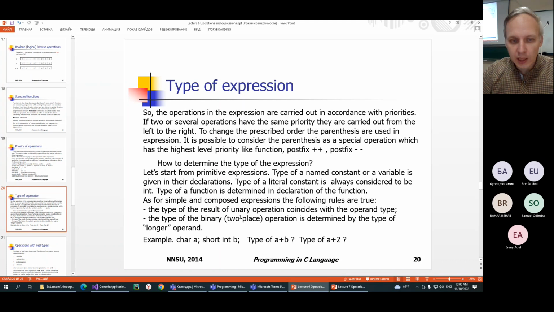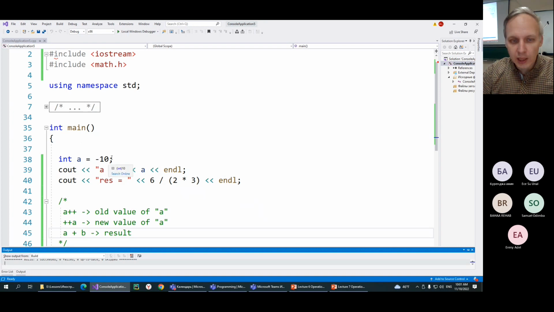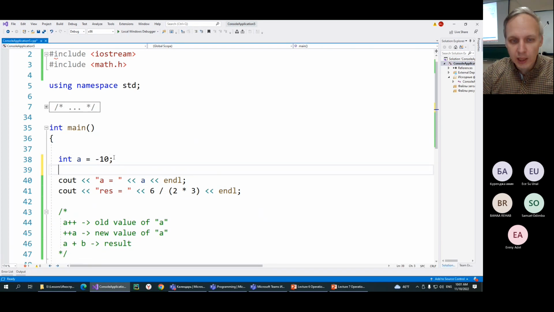Of course, in your programs, we use just int for integer values, which is the most useful type, but imagine that we use two values, for example, int a and short int b.